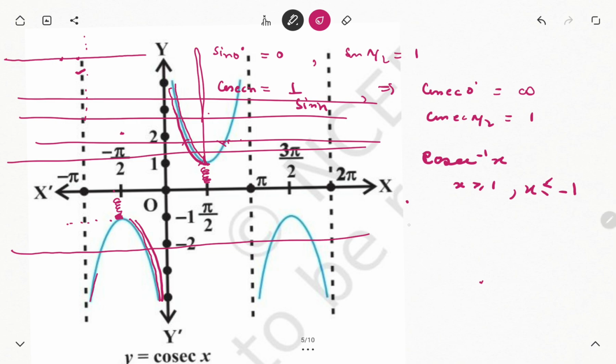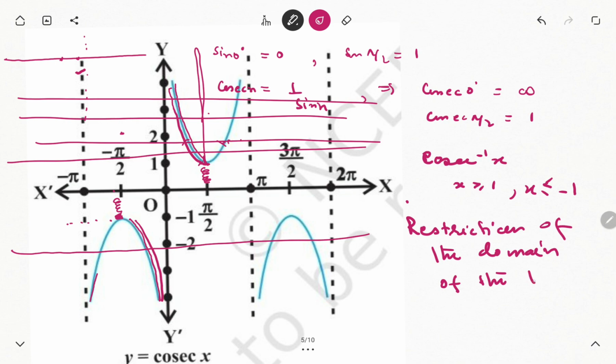So restriction of the domain of the trigonometric function बहुत important है, trigonometric function is important. यही पे 1 का काम है, राइट?